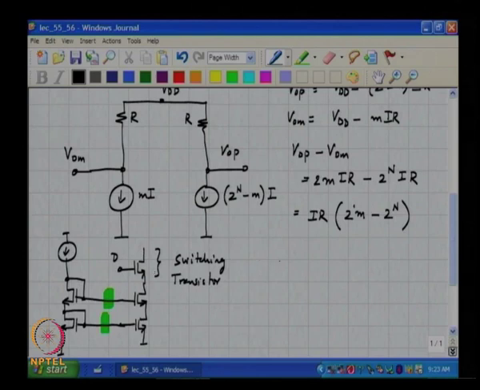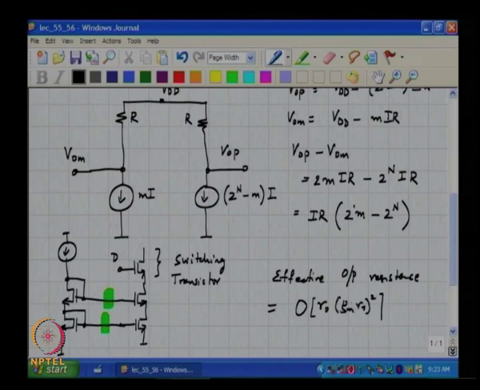So, the effective output impedance is of the order of ro from the lowest transistor times (gm ro) the whole squared. Okay. Of course, the ros of all the 3 transistors will not be the same, but this is intended to give you an idea of the order of magnitude of the output resistance.